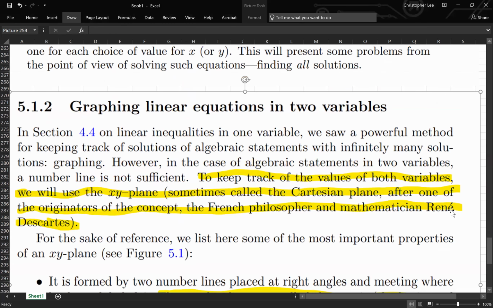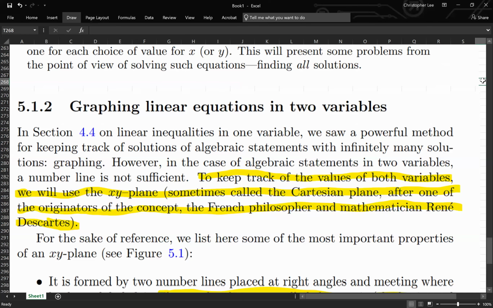So, graphing linear equations in 2 variables. In another section on linear inequalities in 1 variable, we saw a powerful method for keeping track of solutions of algebraic statements with infinitely many solutions: graphing. However, in the case of algebraic statements in 2 variables, a number line is not sufficient.